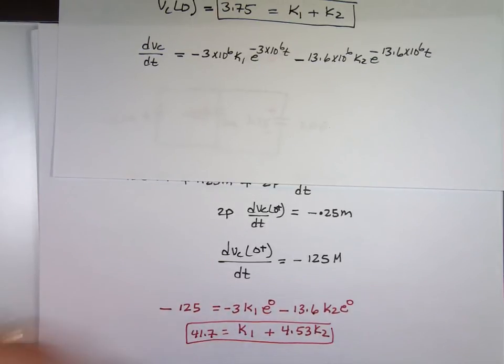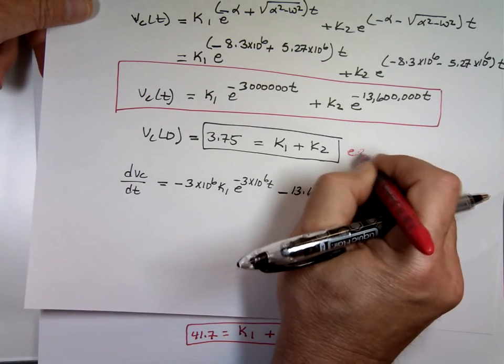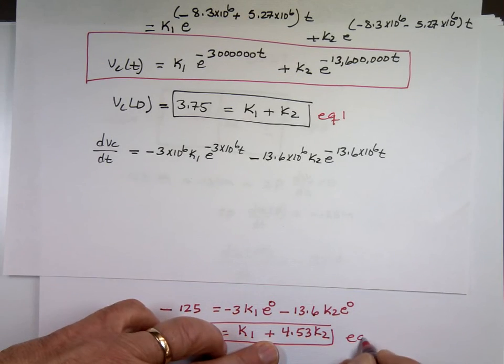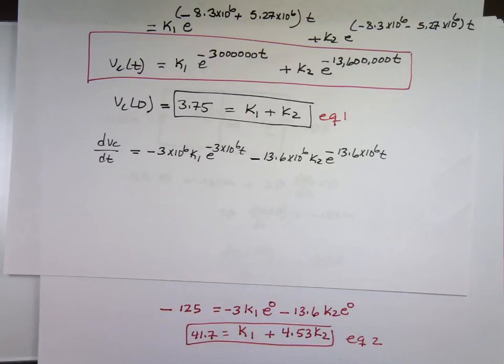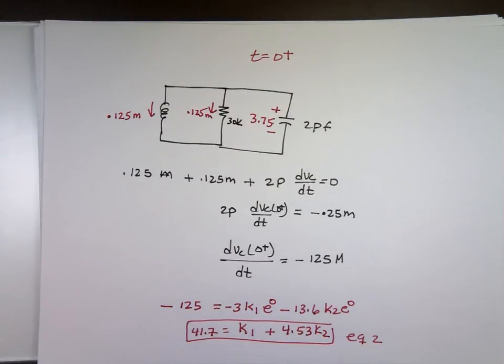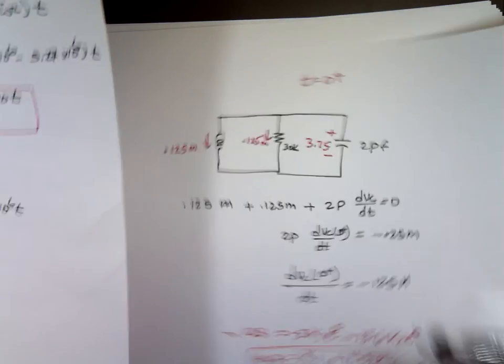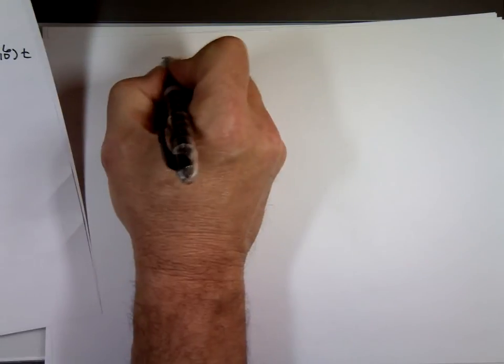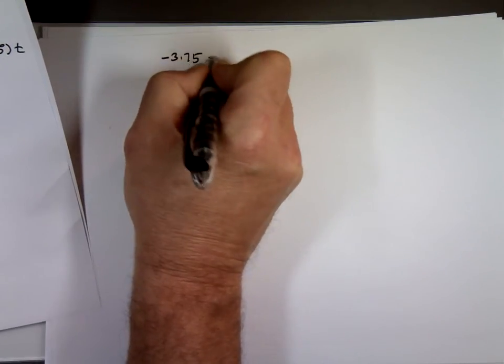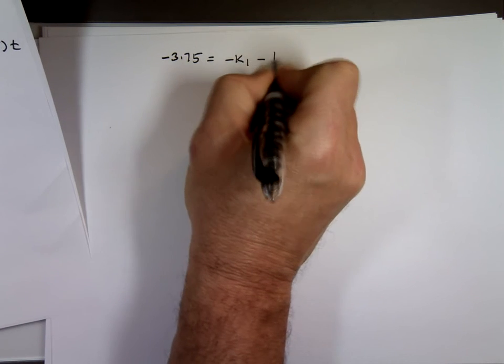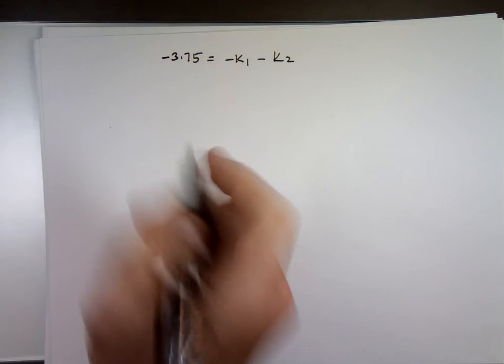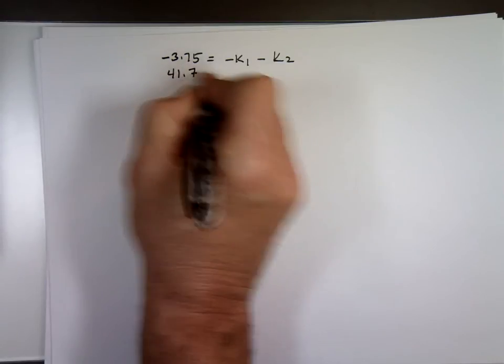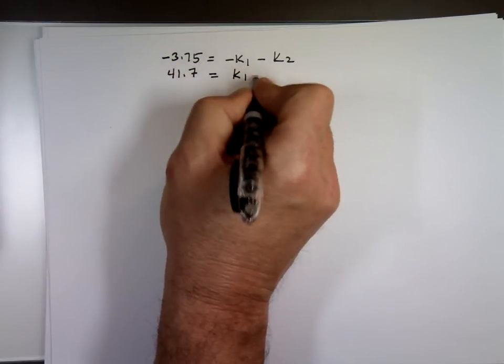My first equation, EQ1, EQ2. See, 2 equations by 2 unknowns. I should be able to solve now for K1, K2. Let me write them down quickly. Maybe I'll multiply the top one by a minus: negative 3.75 equals negative K1 minus K2. So I can use the elimination method. 41.7 equals K1 plus 4.53 K2.